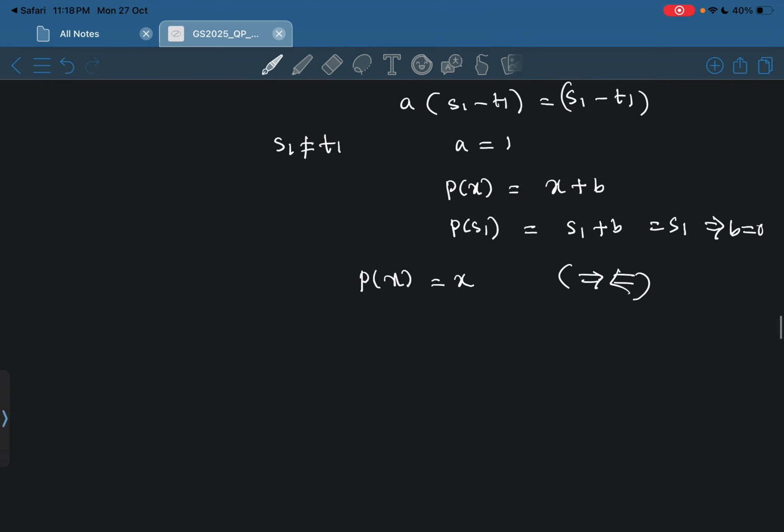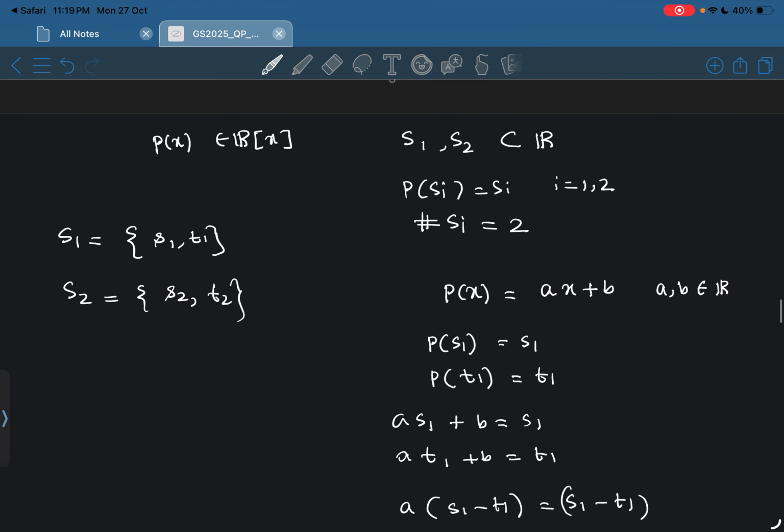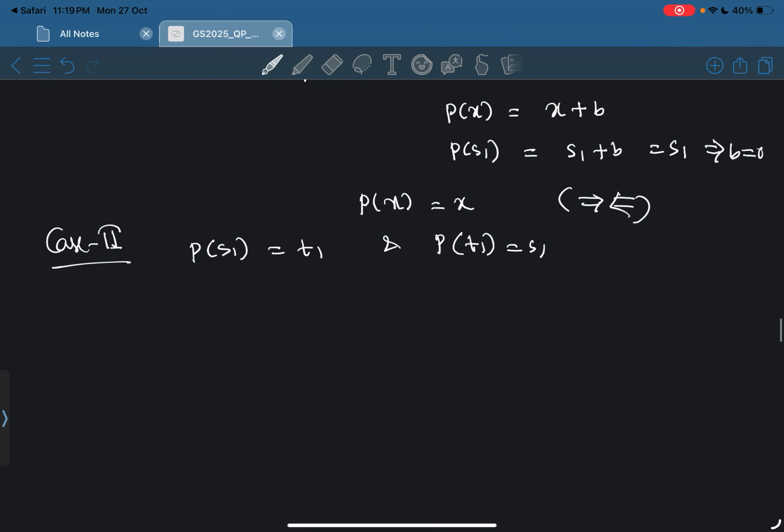So now what can happen if P of s1 equals t1 and P of t1 equals s1? This is case 2, and the previous one was case 1. Again, what will happen? a s1 plus b equals t1 and a t1 plus b equals s1.